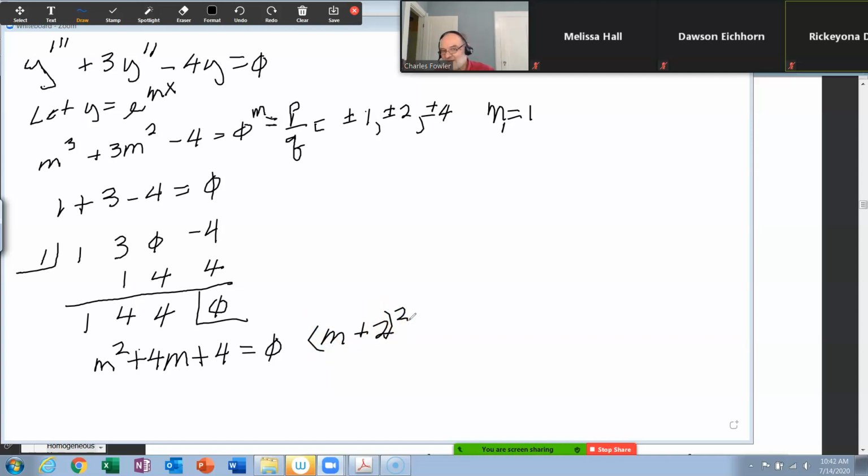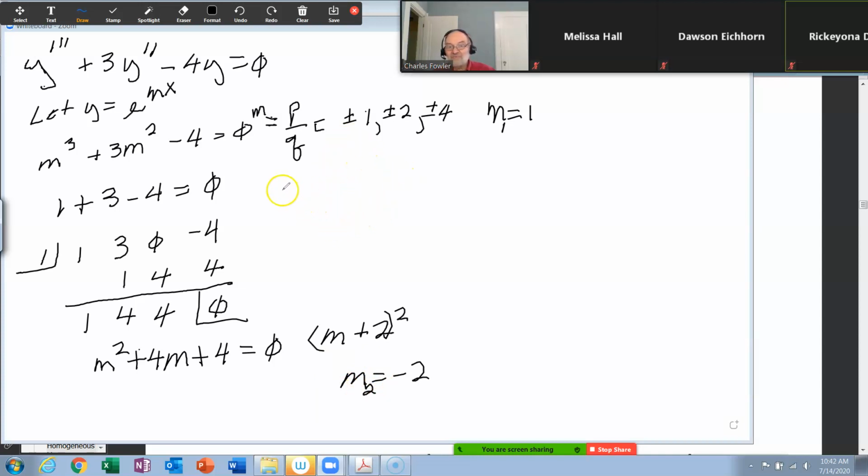But if you didn't see that, it's okay. And what that tells you is M is equal to minus 2 is your one and only solution. It's a double solution, so that would be your M2. But it's a double root, so we know what to do with that.